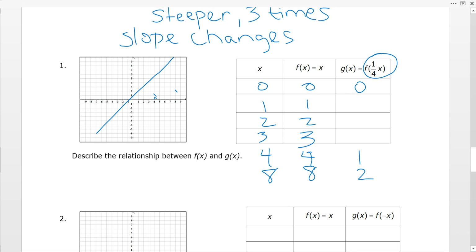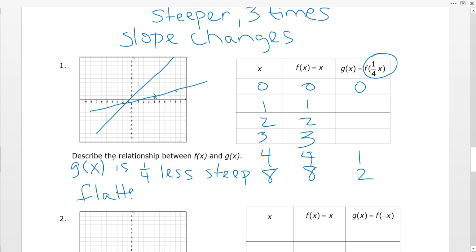So what happens to my line is it gets way flatter, less steep. 1/4 less steep. So the line is flatter. Again, the slope changed, not the intercepts.